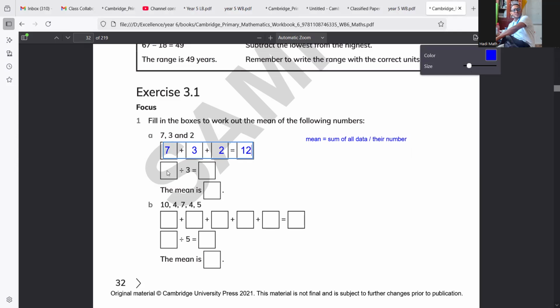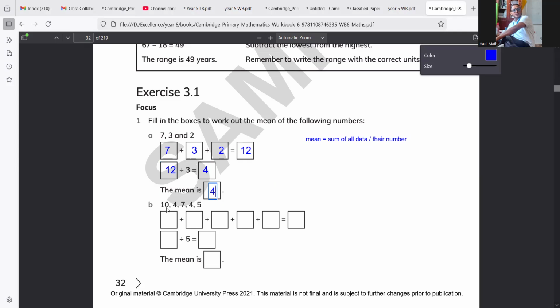Then you take the 12 and you divide it by 3. And 12 divided by 3 is equal to 4. Why did we divide by 3? Because if you count them 1, 2, 3, there are only 3 numbers. So the mean is equal to 4.